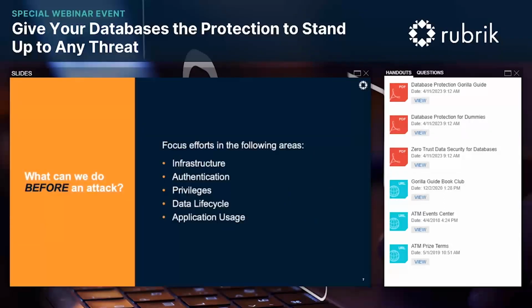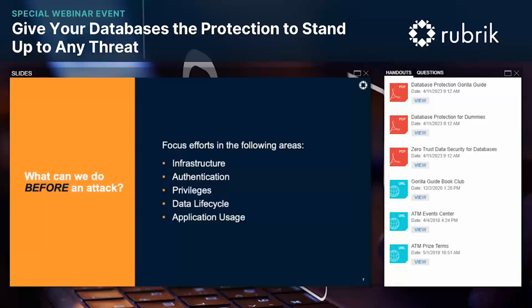Proactive mitigation focuses our efforts on tasks that can be done to prevent an attack from being successful. This is not a simple activity when it comes to database threats, as databases span multiple areas. We have the infrastructure, our authentication processes, our authorization processes, the data lifecycle itself, where is our data, before it's destroyed, and ultimately our databases are accessed by some type of application.